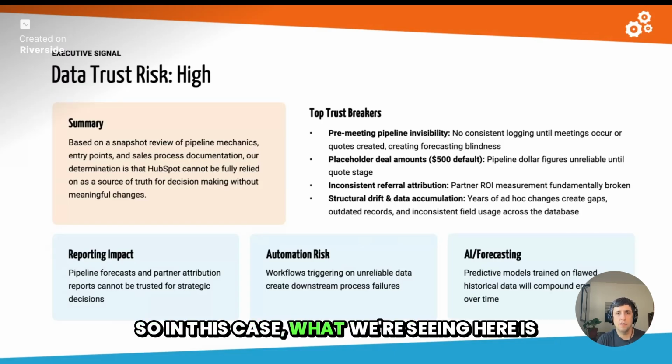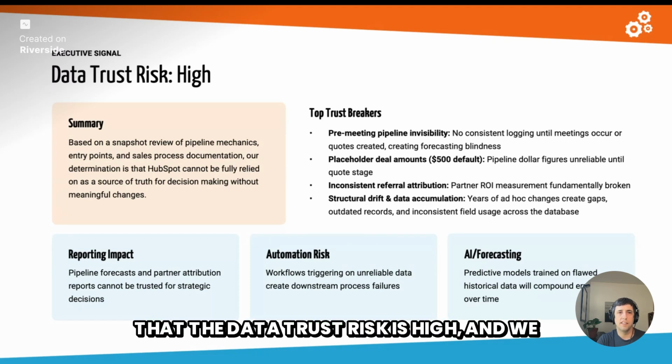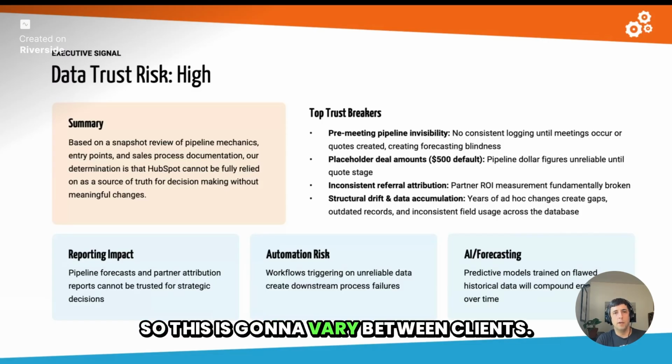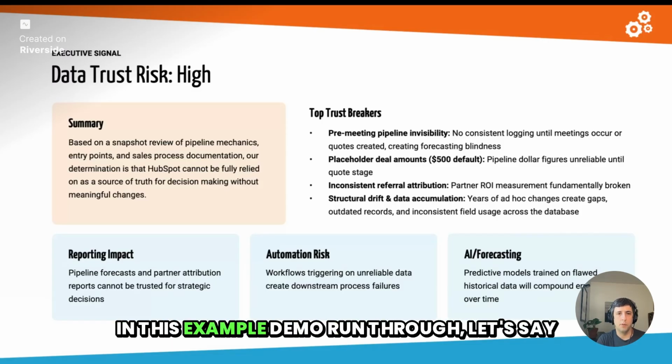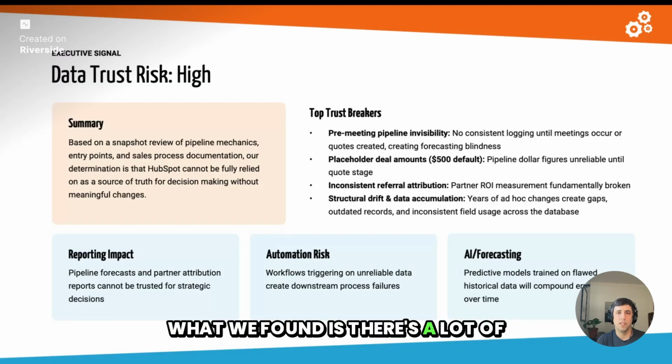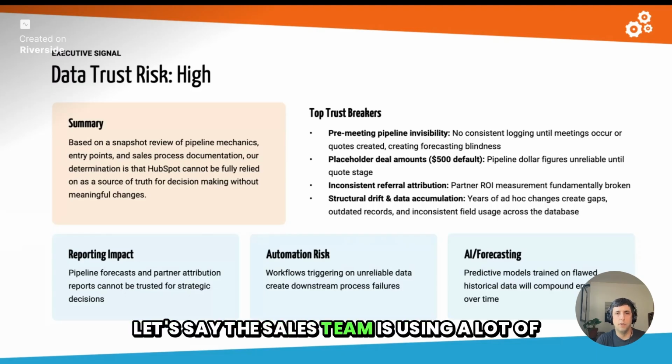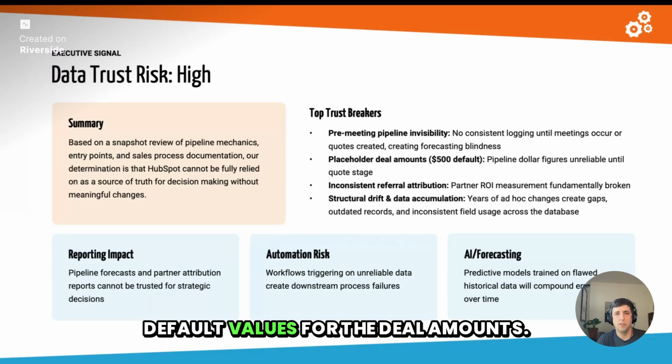In this case, the data trust risk is high, and we break down the top trust breakers. This is going to vary between clients. In this example demo run-through, let's say we found a lot of top-of-funnel invisibility, so pre-meetings, we're just not seeing things get logged. Let's say the sales team is using a lot of default values for deal amounts.